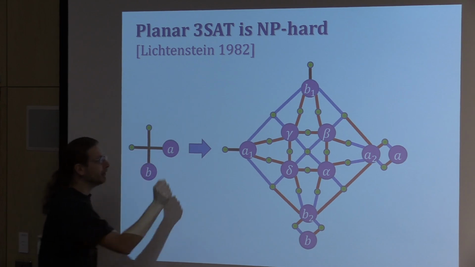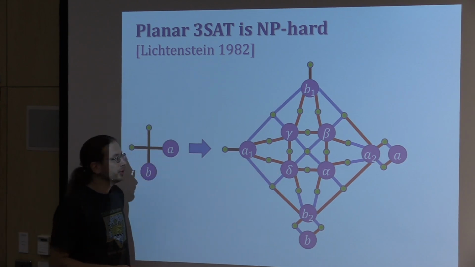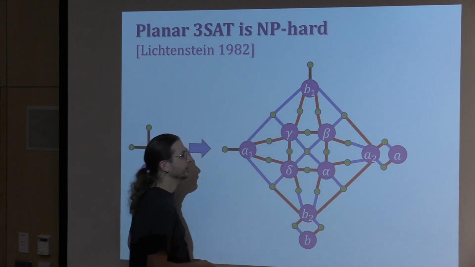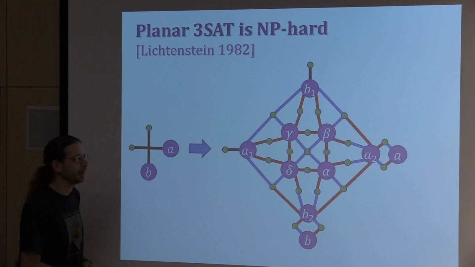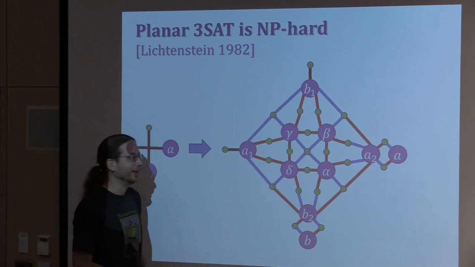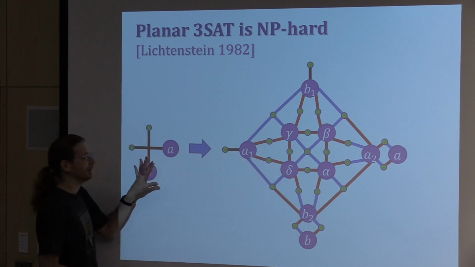We're going to replace that with this picture, which is technically not 3-SAT because there's a 4-variable clause in the center, but we can fix that. That's not too hard. Let me first convince you, this will take a little while, that this is equivalent to this.